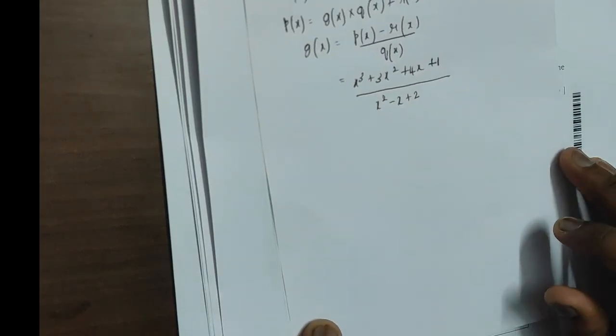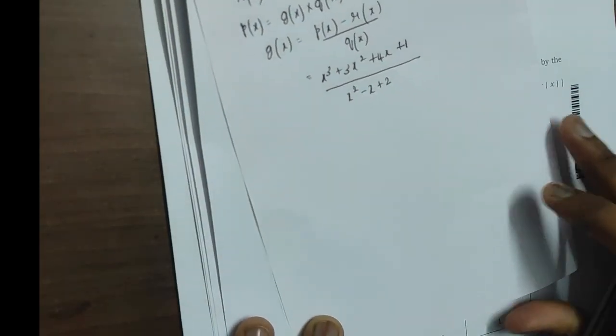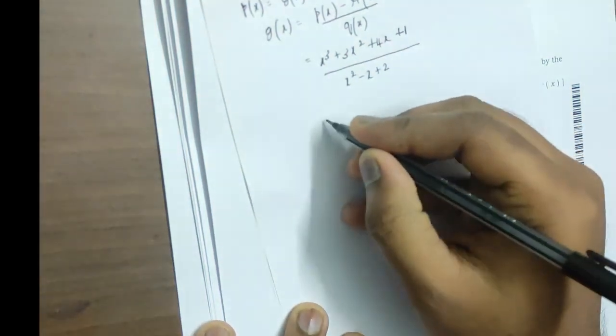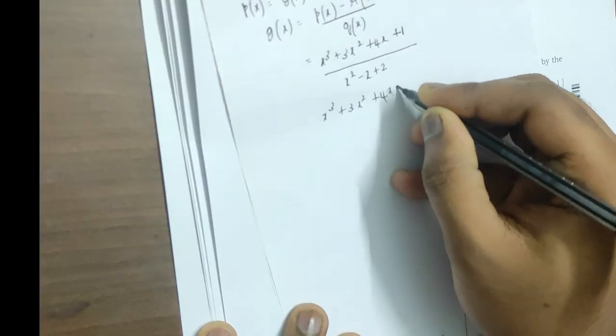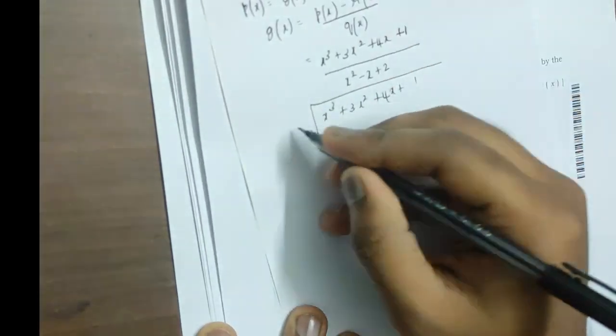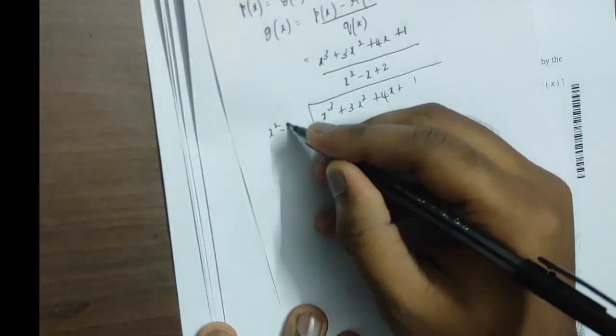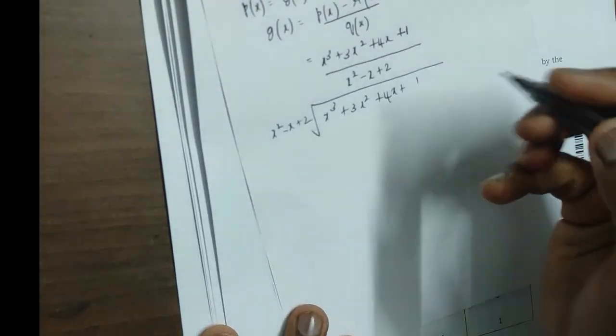Now let us divide this polynomial. X cube plus 3x square plus 4x plus 1 divided by x square minus x plus 2.